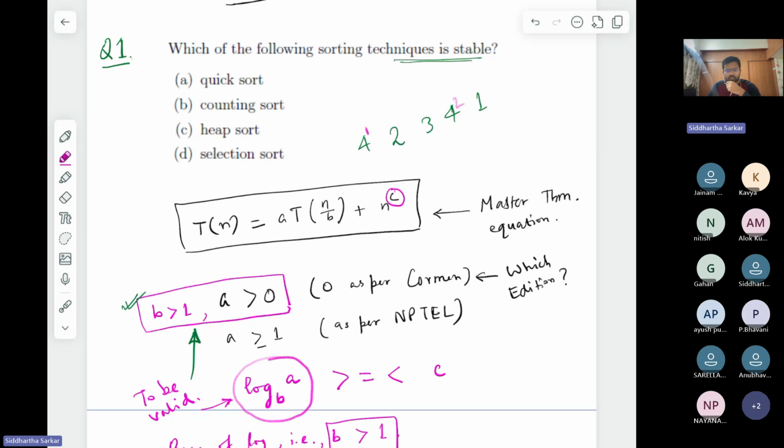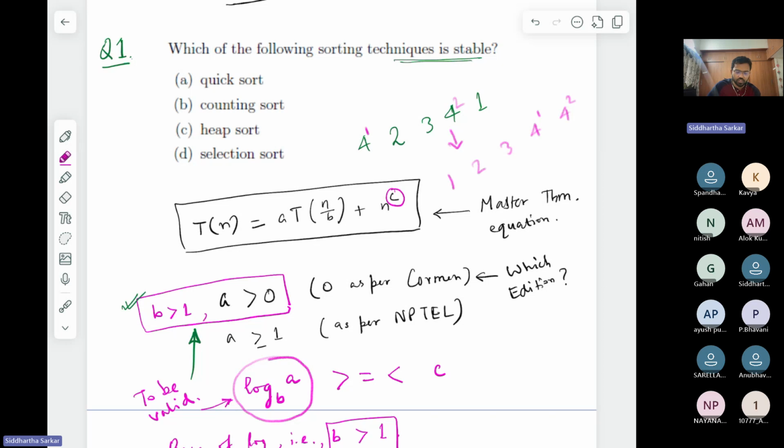This is not power, this is just for identification. So the algorithm should output something like this, that the relative ordering of the elements with same values is maintained in the output. So that kind of an algorithm will be called a stable sorting algorithm.